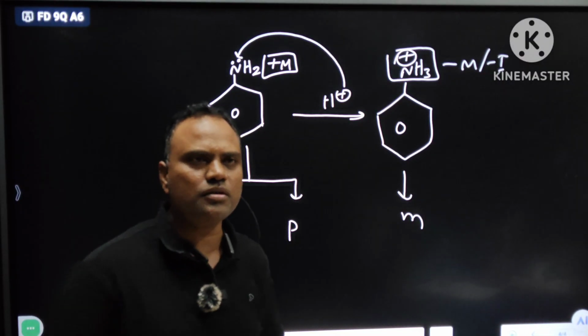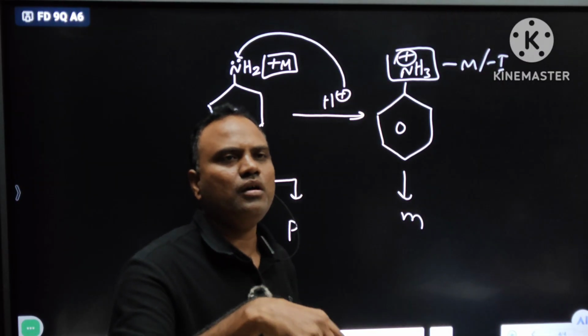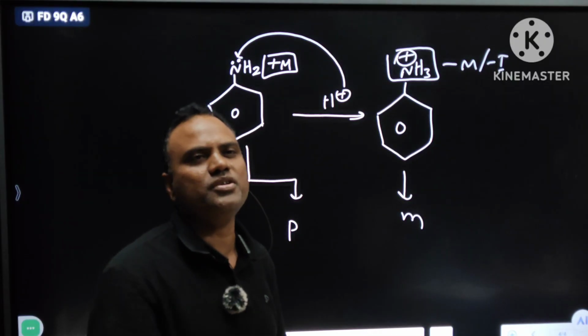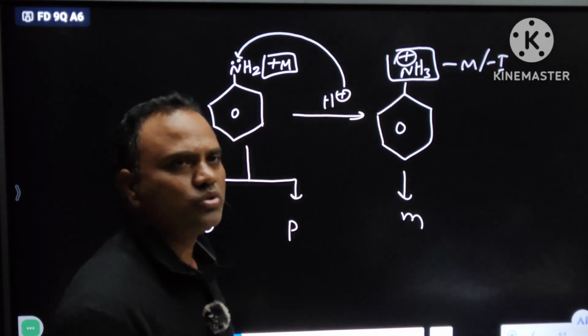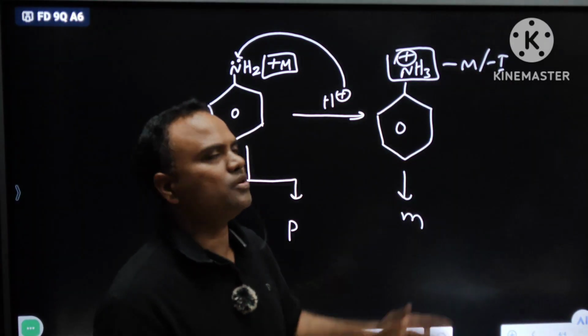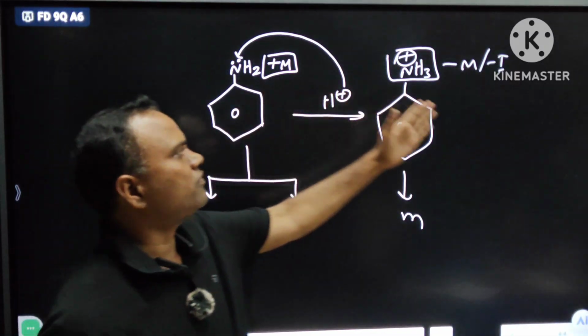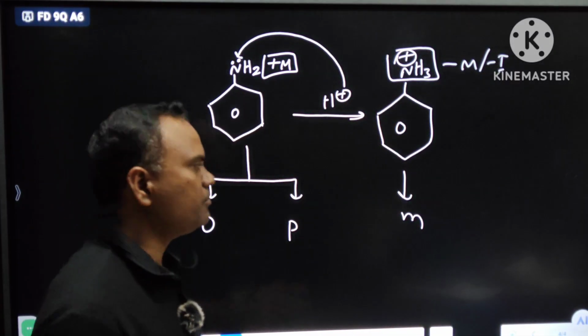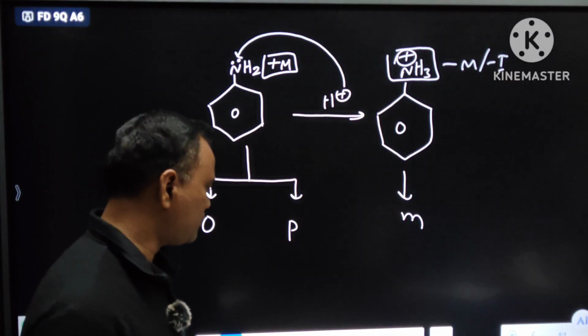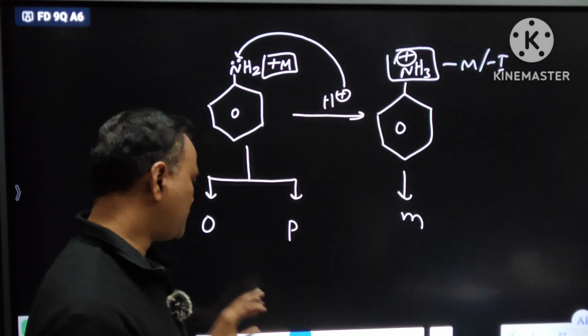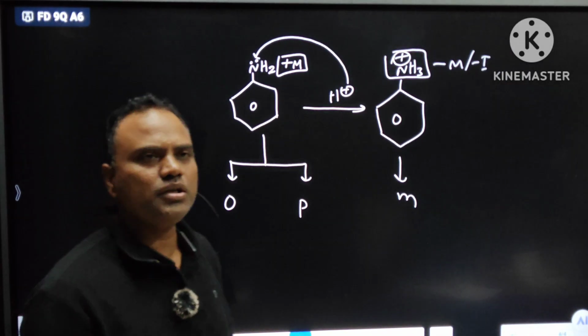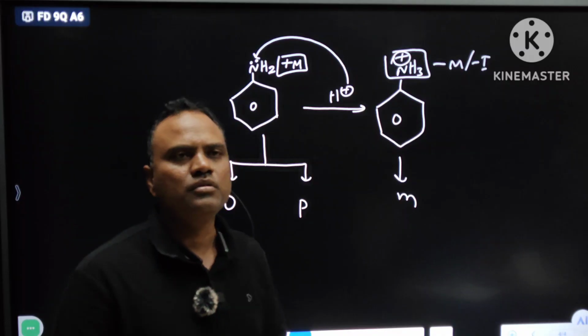What is the reason for that? Acid is present in the reaction mixture that attacks NH2 and converts NH2 to NH3+. A plus M group will convert to minus M. So we will get a mixture of products: ortho, para and meta. Got it now, online students? Clear? Okay.